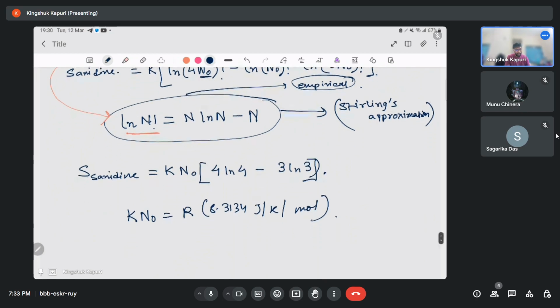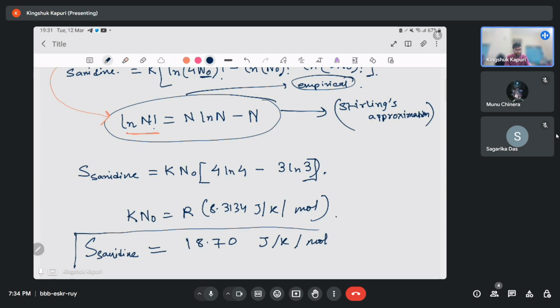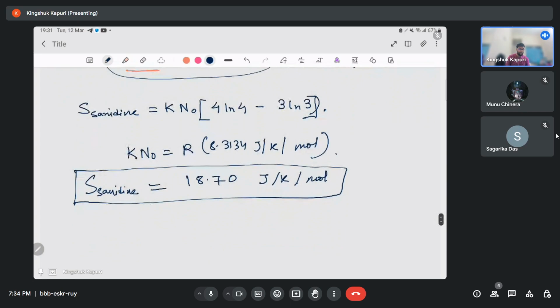If you put in this value, it will give 18.70 joule per kelvin per mole. So the value of configurational entropy for sanidine is 18.70 joule per kelvin per mole.